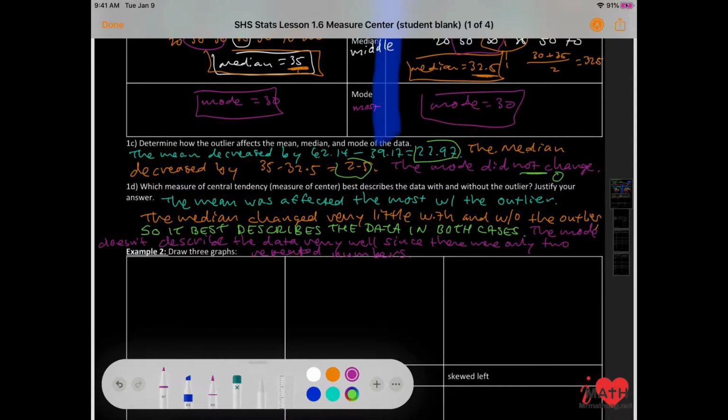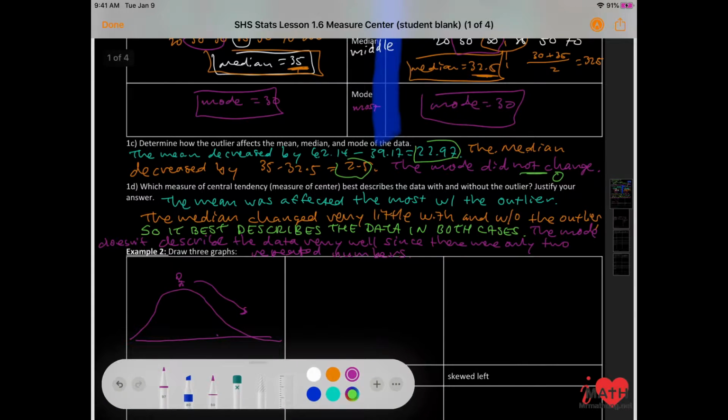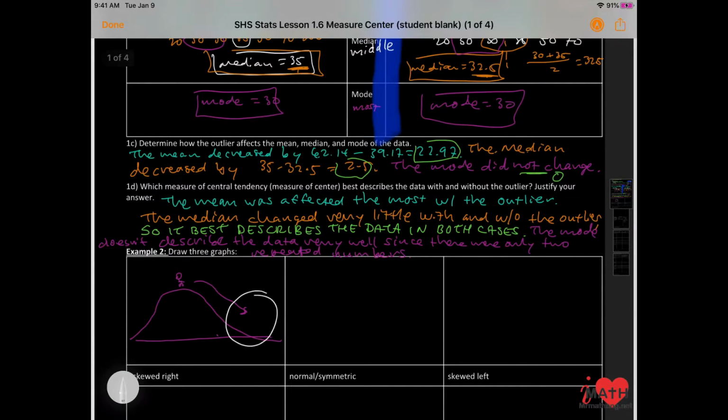All right, let's go ahead and do a skewed right. So remember, like you're skiing, here is flat ground and here's your hill. And there you go. You're going skiing to the right. Right? And then let's just say you are symmetrical.